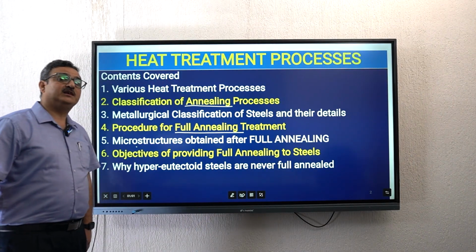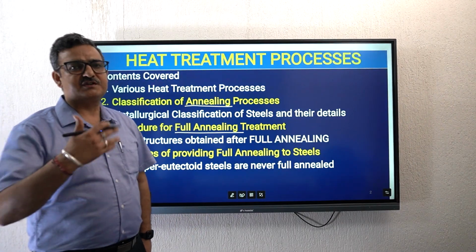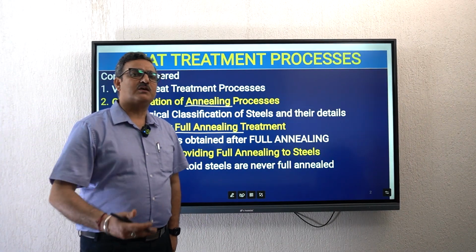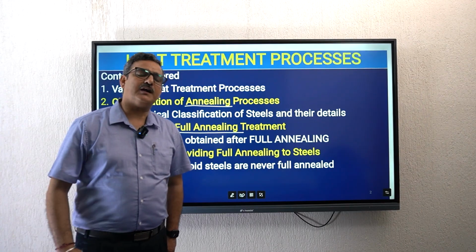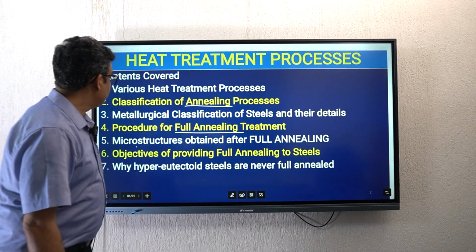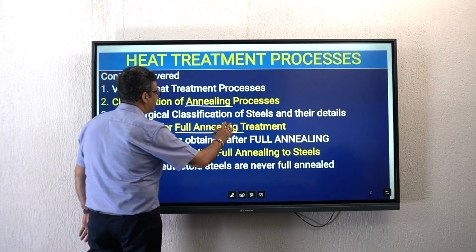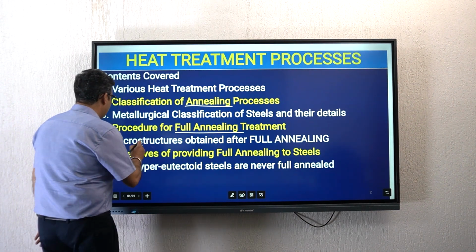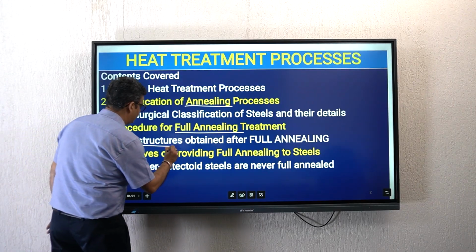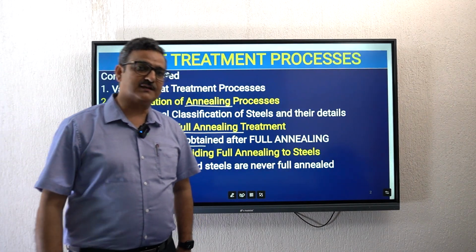And if it has to be given to hypereutectoid steels, though it is not given generally, what's the procedure and what would be the outcome if we give full annealing treatment to hypereutectoid steels would also be a part of our discussion today. And whenever we discuss this full annealing treatment for any of the categories of steels, what is the microstructure obtained after the full annealing heat treatment, this also we'll discuss.